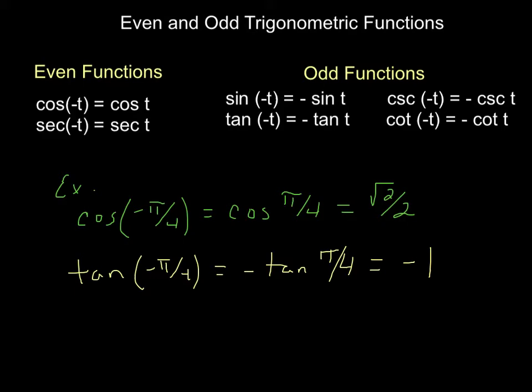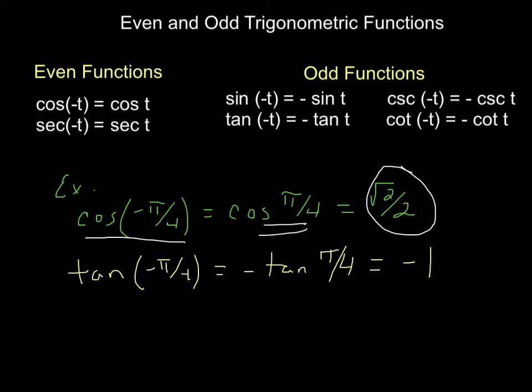And at the bottom here we can see a couple of examples where I have cosine of negative pi over 4. Well, cosine being an even function means that's going to be the same value as cosine of pi over 4, which we should be working on memorizing as being square root of 2 divided by 2. Likewise, I have tangent of negative pi over 4.